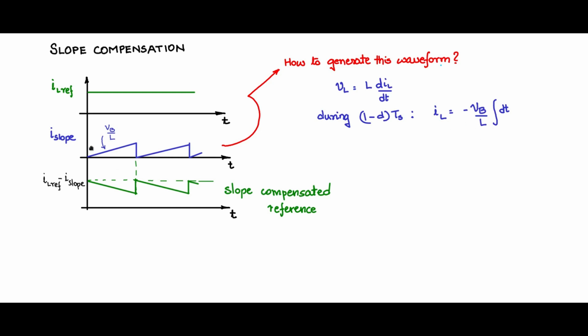And I slope, because here you are talking of a positive slope, if I remove the negative sign, considering only the magnitude of the slope, will be VB by L integral dt.